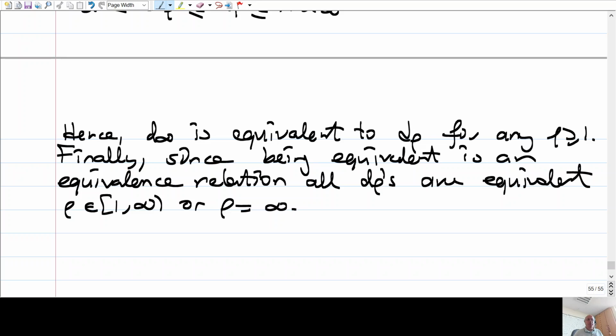We will see concepts like connected metric space and compact metric space, which will be very fundamental for both topology and analysis. And again, those properties don't change if you replace your metric with an equivalent one.